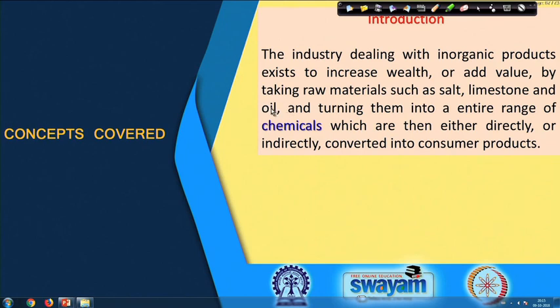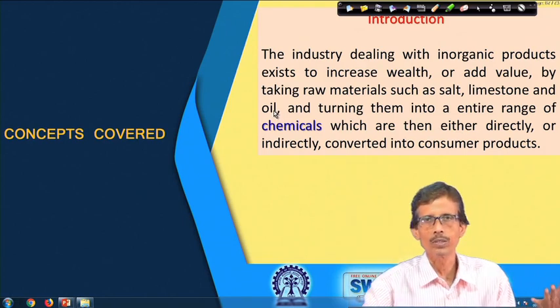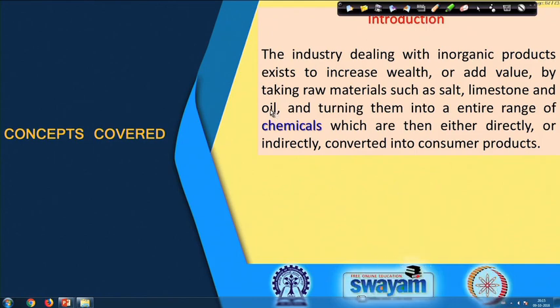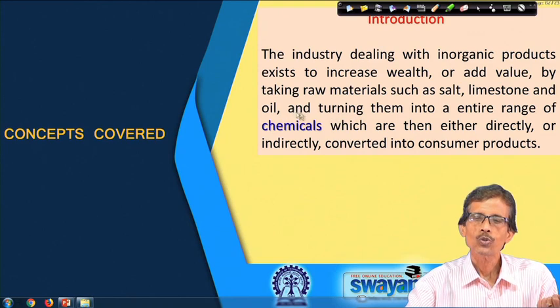This will not be covered definitely, because it comes under the petrochemical industry, and mostly under the polymer industry or the organic chemistry industry, not typically under the inorganic chemical industry. So, these can then either directly or indirectly convert different compounds to some value added products. So, the entire range of chemicals.